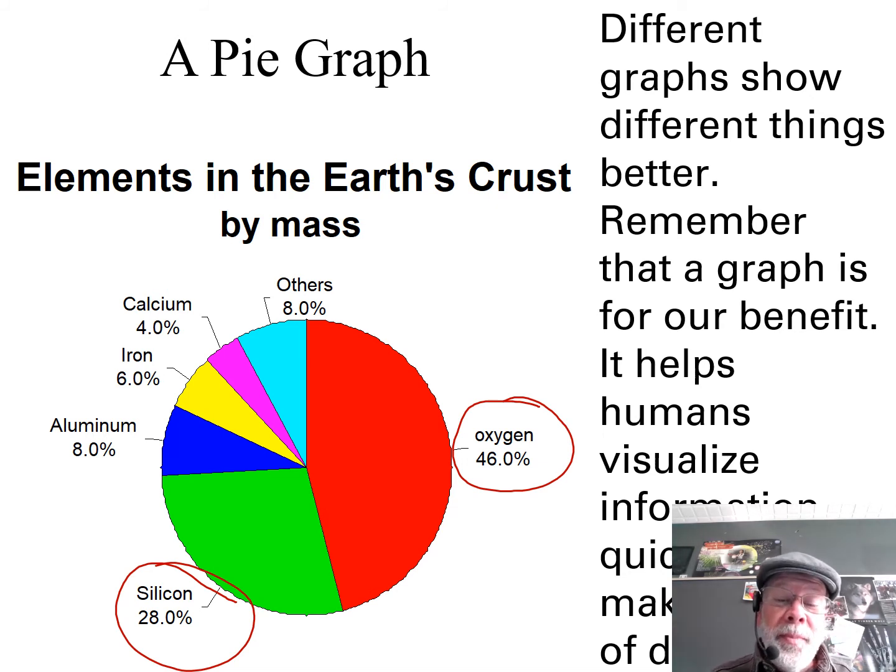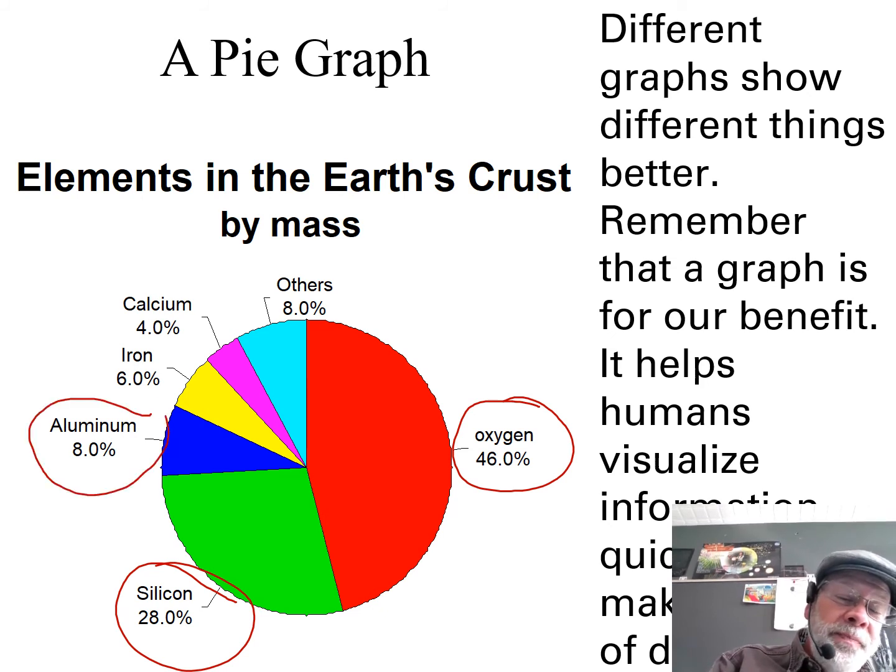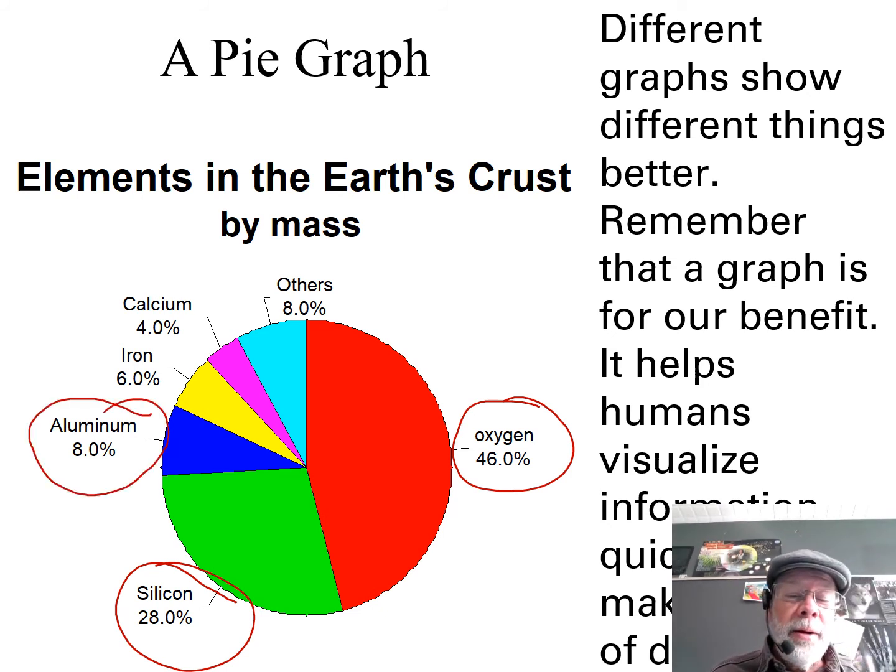You know what oxygen and silicon make if you combine them together and don't have any other elements in it? That's quartz. Quartz is one of the most abundant minerals on the surface of the Earth, and everybody knows about quartz. The next most abundant element is aluminum, right there.